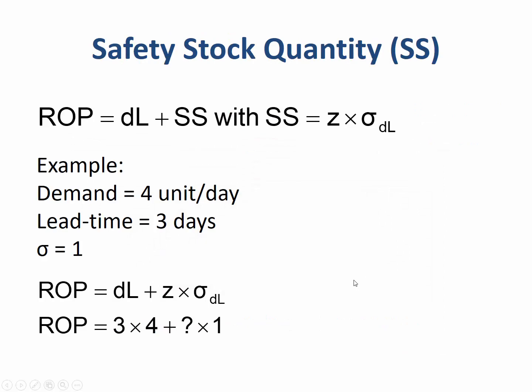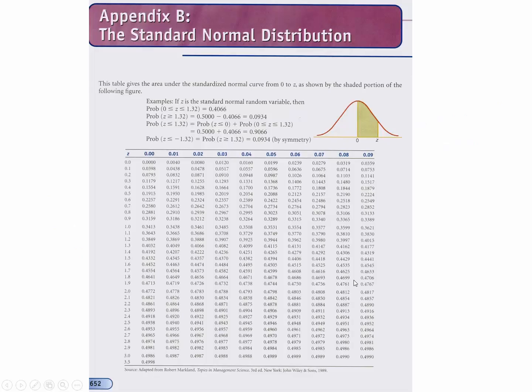It's going to be based on a table. If you look in any statistics textbook, you're going to find this table. That table is designed to translate a probability into a z-score or vice versa. In this example, we're going to go from a probability to a z-score. We want a 95% coverage, and 95% will be from the very left of that distribution all the way to that z-score here.